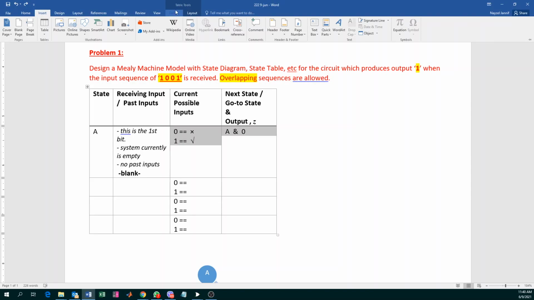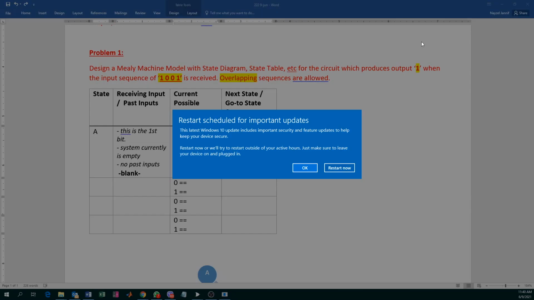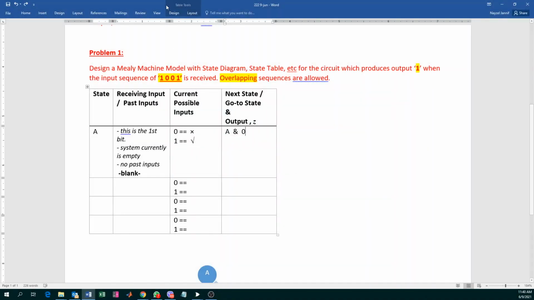Split cells. Does anyone know how to split cells, guys? Okay. Right, never mind. Guys, help me out over here.